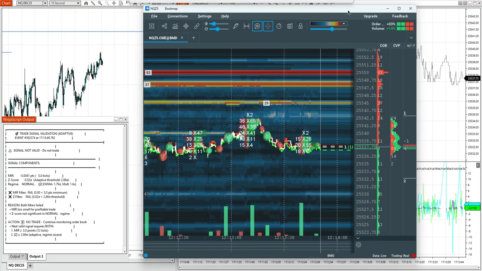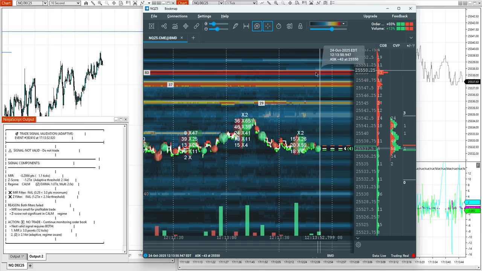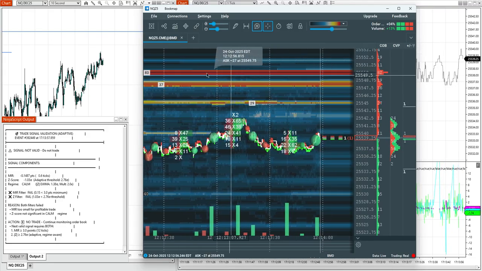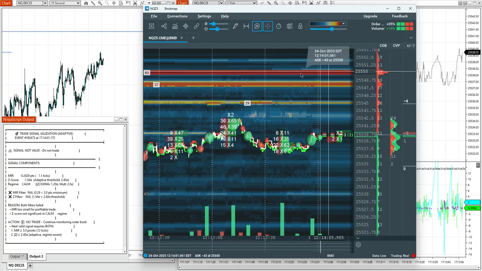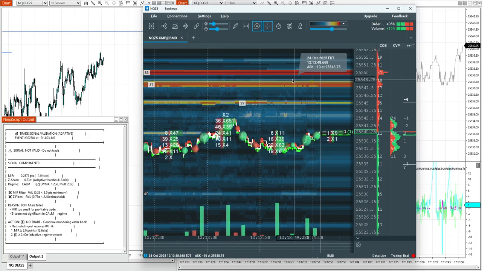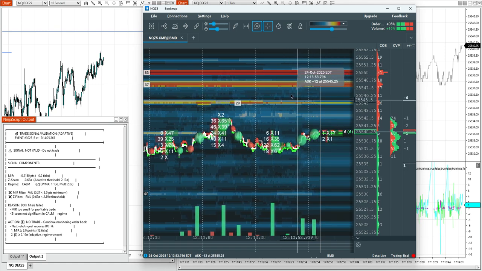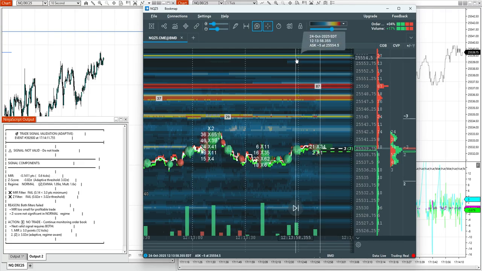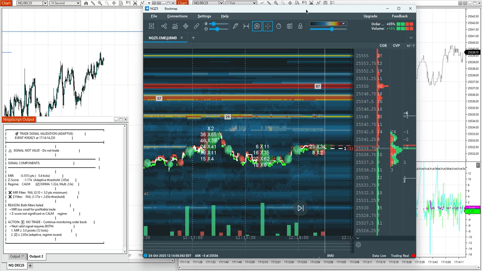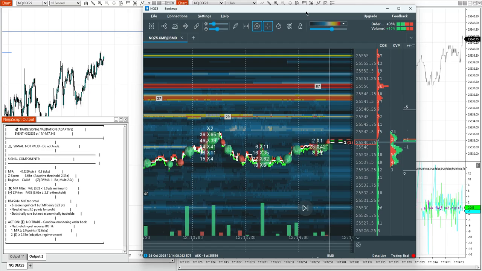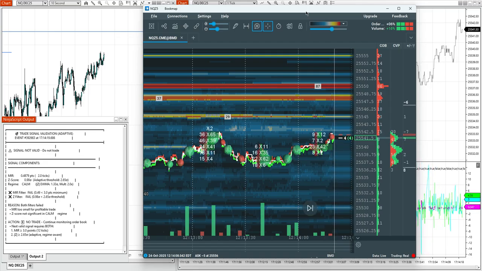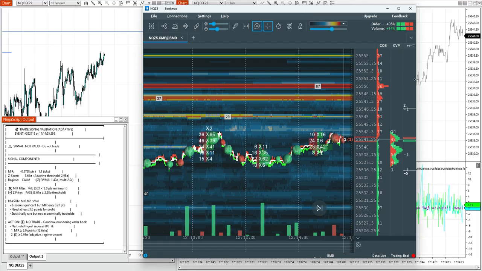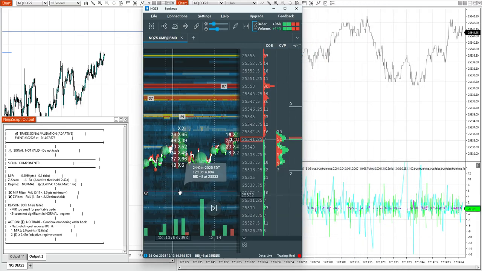So I'm just keeping an eye on this as well to make sure that doesn't get pulled when we get there. Sometimes you'll have liquidity in the book, and then when price actually gets there, it's pulled from the book, so it disappears. It doesn't actually get filled. So you need to keep a close eye on that as well. Let's do this.